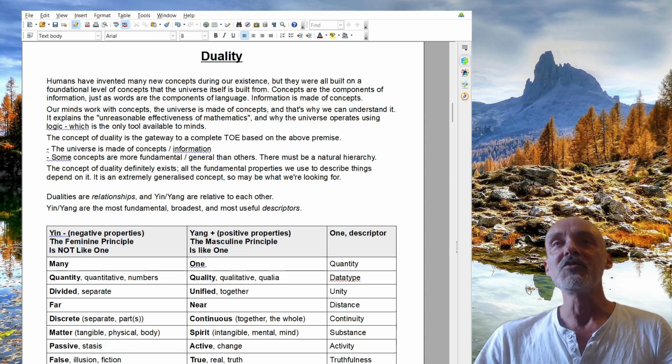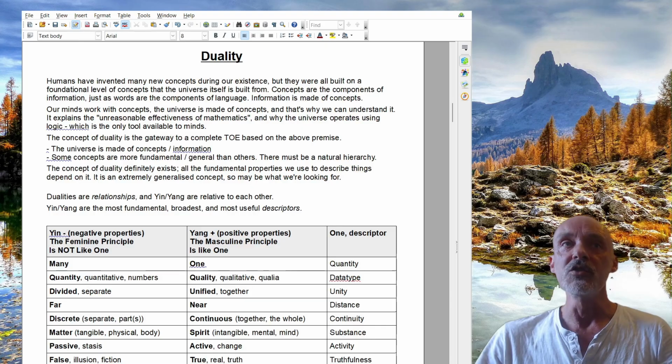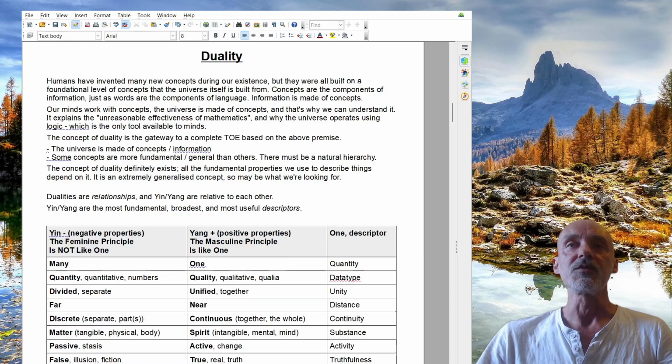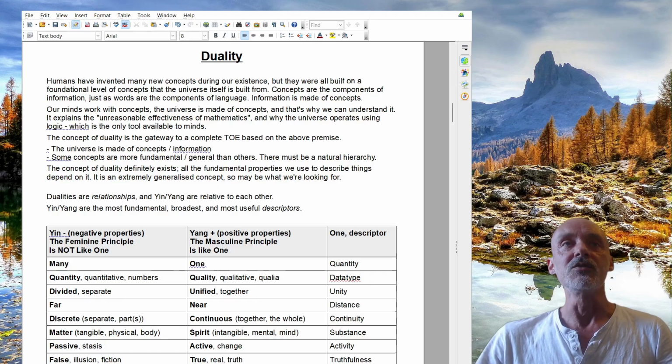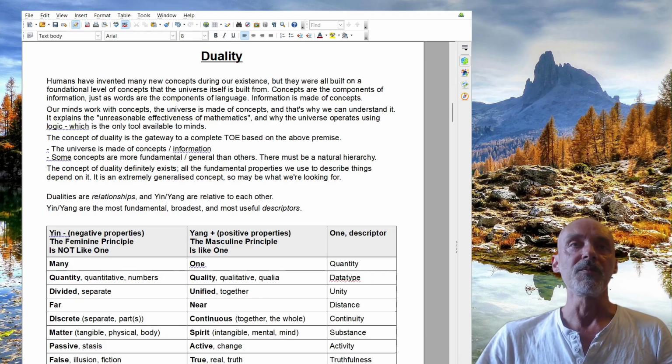Yin and yang are the most fundamental, broadest, and most useful descriptors that exist. When we're talking about relationships, we pretty much always need to use the terms yin and yang to describe the two parts of the relationship. There is no other term which suffices, which will do the job.